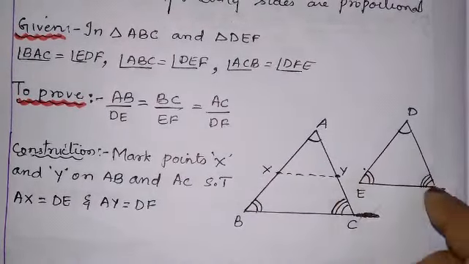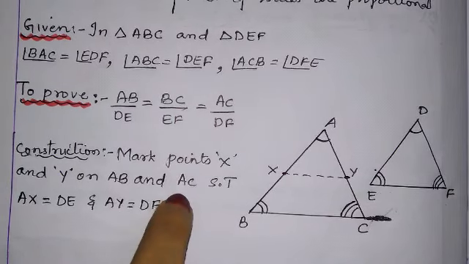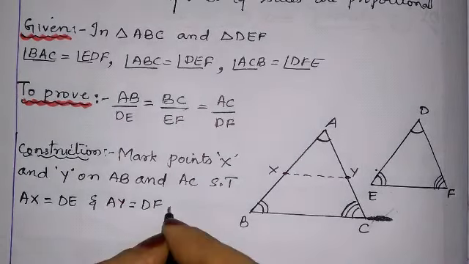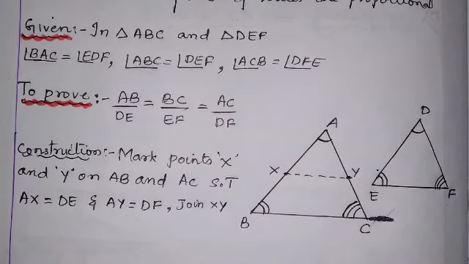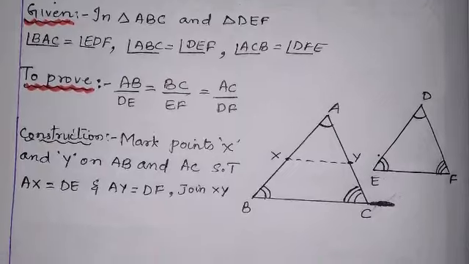Then automatically XY will be equal to EF. I will not mention this. Then join XY. This is the construction part.